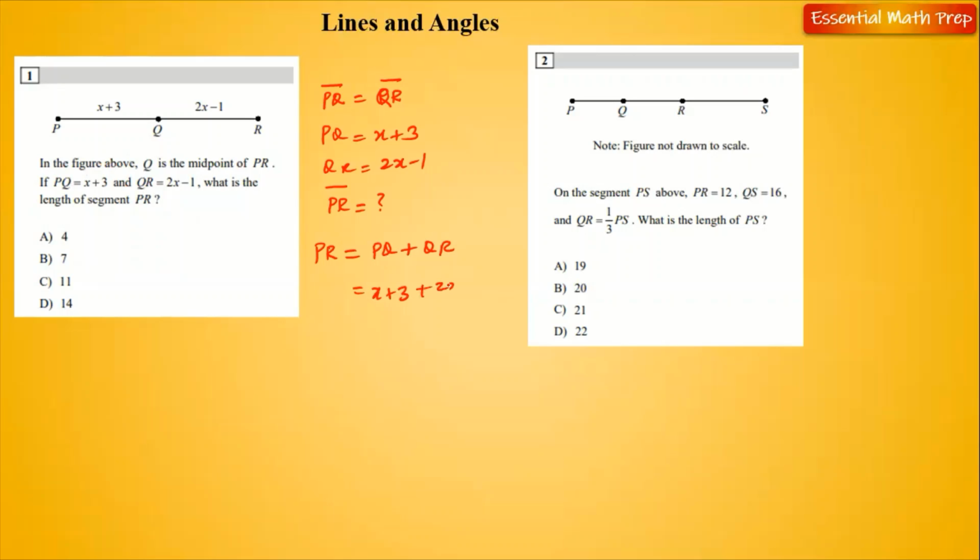Plus 2x minus 1, right? Does that make sense? Okay. So we have to determine PR, but how are we going to determine it?